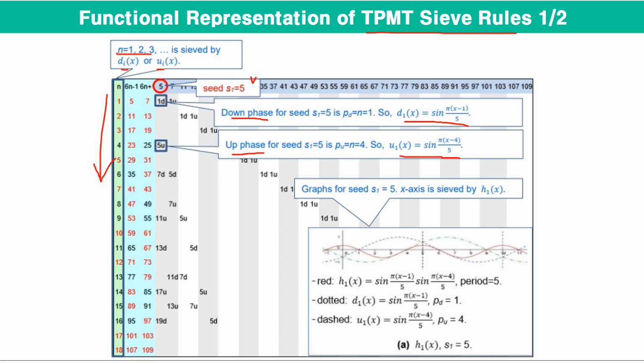The red graph sieves out the natural numbers on the x-axis, which is the same as the sequence n. So these three sieve functions represent the sieve rules in TPMT.